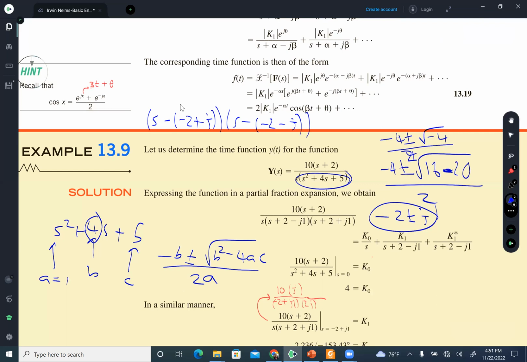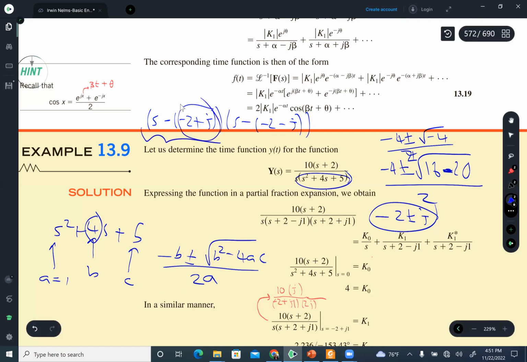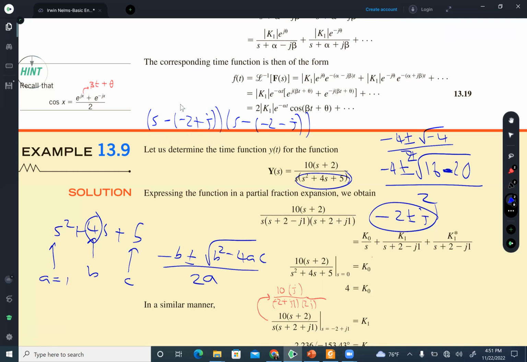For example, if the roots were 2 and 3, it would be s minus 2 and s minus 3. If roots were negative, then you get s plus 2 and s plus 3. Because it's the value of s. If s is equal to this, then you're 0, right? I'm just explaining high school mathematics here, except there are complex numbers involved.